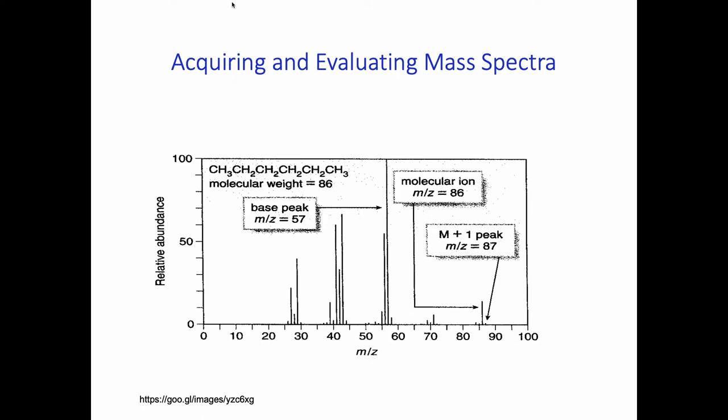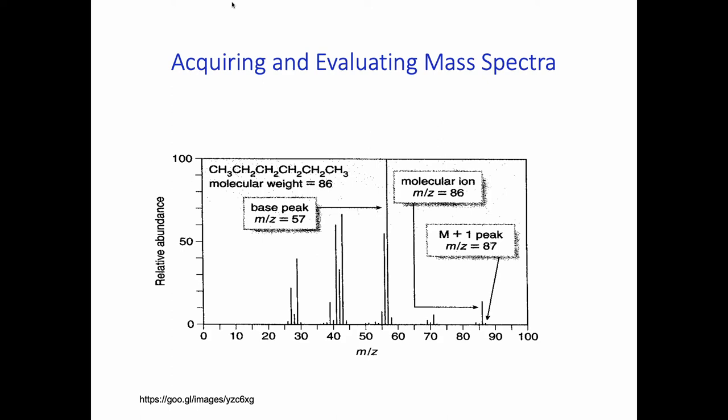And then everything to the left of that is fragments, the molecule breaking apart. And notice that one of the peaks is a base peak. That means the detector counted that more than any other peak. So what the detector does is give that 100, and all the other peaks are relative to that base peak.